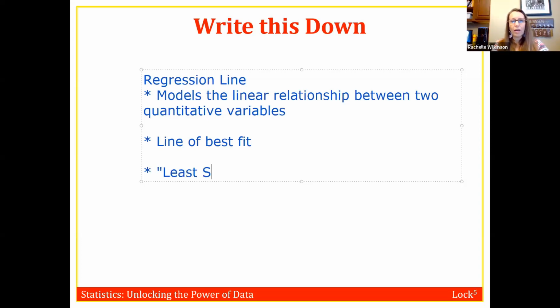So least squares, which is what we're looking at, regression line. It makes the sum of the squared distances from the line as small as possible.